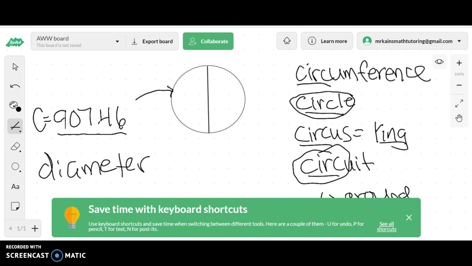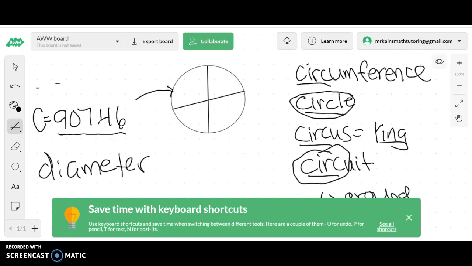It's a straight line drawn from one side of the circle to the other that cuts through the midpoint. The word die means to cut in half. So this dissects our circle in half, gives it two equal parts. And it doesn't matter where you start, as long as you cut through the midpoint of your circle. It might not be perfect, but that would also be a diameter.